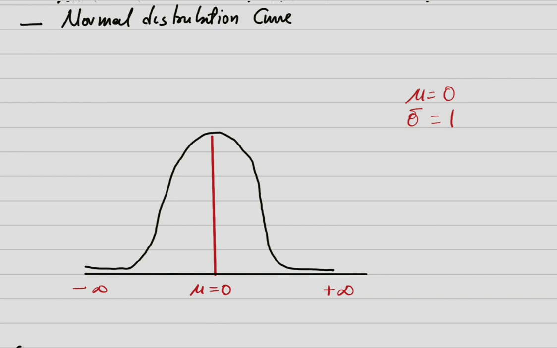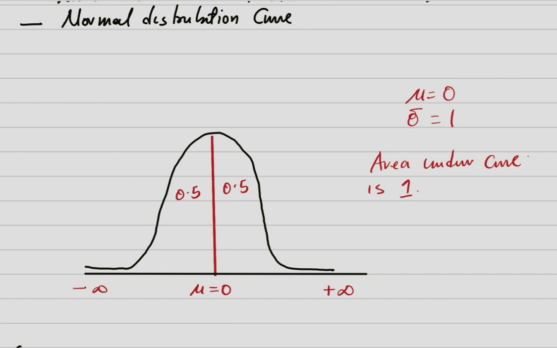I'm going to be talking about this very soon. Now, the area under the curve is 1. So whatever it is, the area is 1, and it is 0.5 on each half. Here is 0.5 and here is 0.5, which makes it 1.